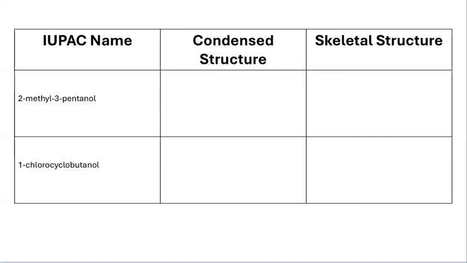If my molecule is named cyclobutanol, that means that I have 4 carbons in a cyclic system. As we learned in the previous chapter, 4 carbons in a cyclic system looks like a square.